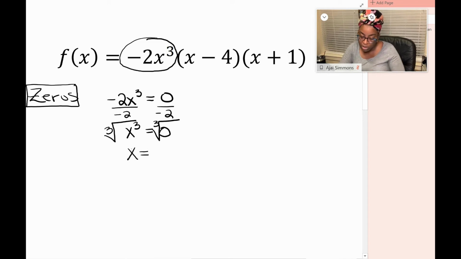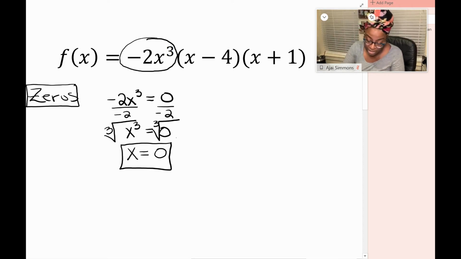And on the left side, you get x. And on the right side, the cube root of 0 is 0. So if you have a monomial with a variable in it, it's always going to be x equals 0 when you go through and solve. So x equals 0 is actually one of our zeros. It's one of our x-intercepts.